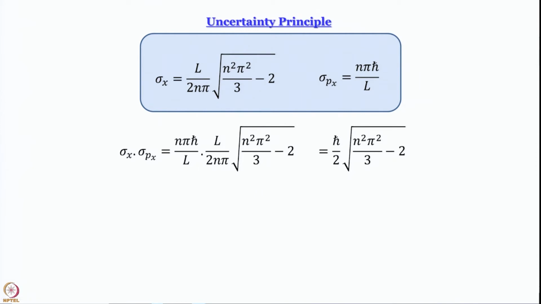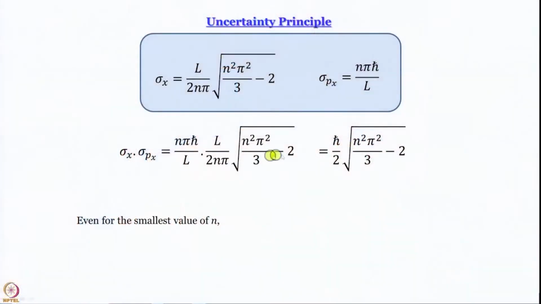Let us try to see whether we can get a simpler expression here. What is the value of this n square pi square by 3 for the smallest value of n? What is the smallest value of n? Smallest value of n is 1. We are talking about particle in a box. So, if the smallest value of n is 1, what is the value that we expect here?